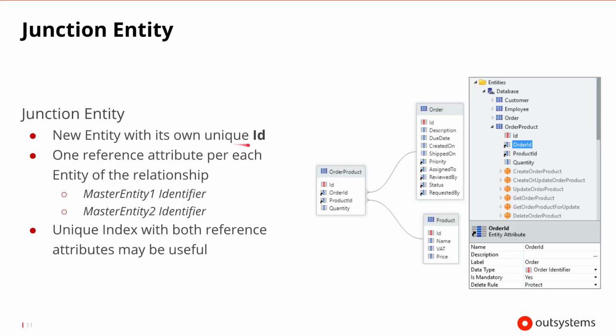The new entity will have its own unique ID, so it has its own identifier, but then it'll have reference attributes to just refer to the other entities in the relationship. Now we can also set up a unique index as something that will go ahead and help us find these relationships faster, but it also can make sure that we only have one of them. And we'll talk a little bit about that as we get to the index section.